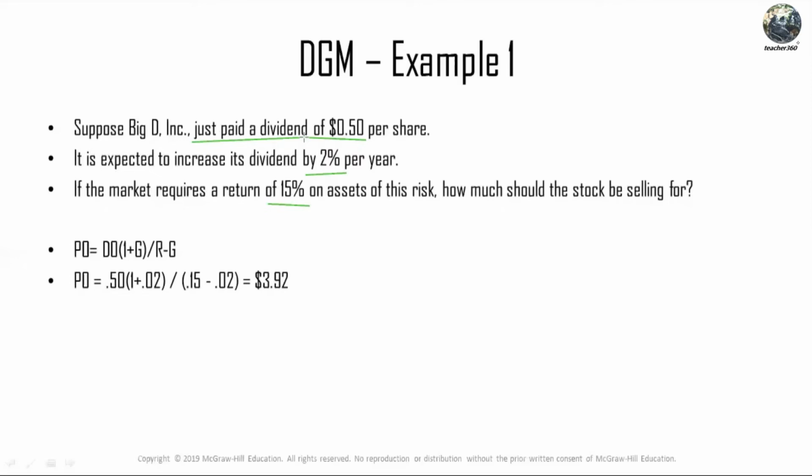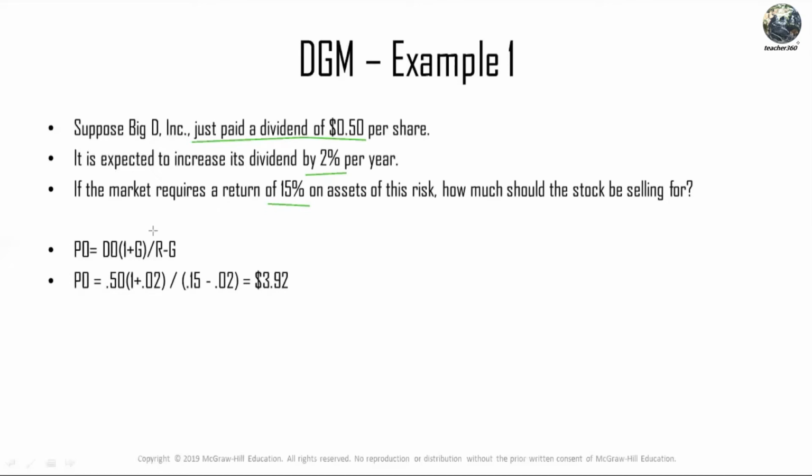Students may get confused between the current year dividend and the dividend in 1 year. In examples, when it mentions just paid a dividend or pays a dividend, then it is considered to be the current year dividend. When it mentions next period dividend or year one dividend, then it is considered to be the year 1 dividend, and it will be written as D1.